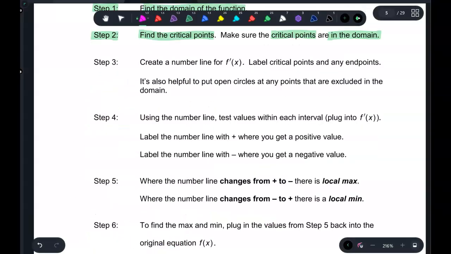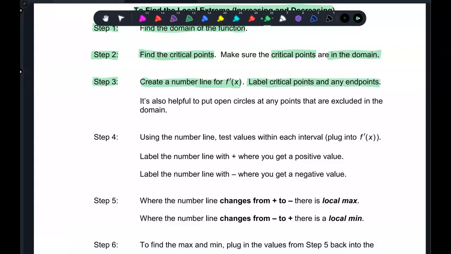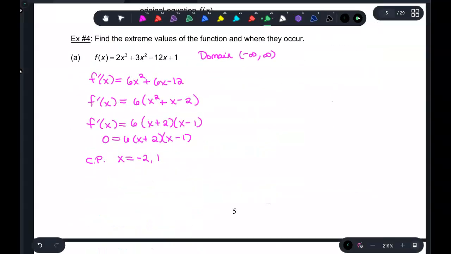Okay, step 3. I'm going to create a number line for f prime of x. We're going to label any critical points and any endpoints. What about the f of x? Not yet. Question: why aren't we just plugging it in like we did before? Okay, so this is a cubic function.